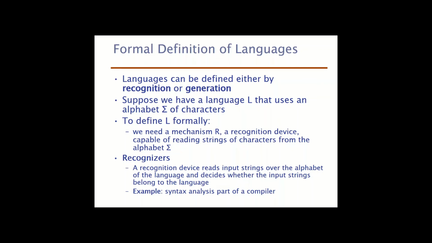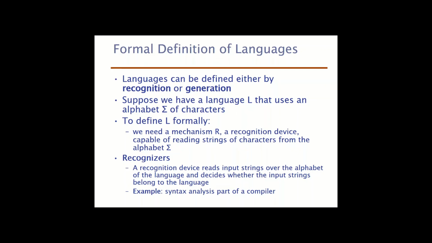We can refer to it by sigma, and the language itself is L. In order for us to define L, the whole set of language statements composed from the possible alphabet characters sigma, we need to have a way of recognition or a way of generation.